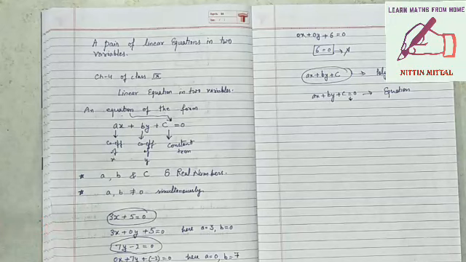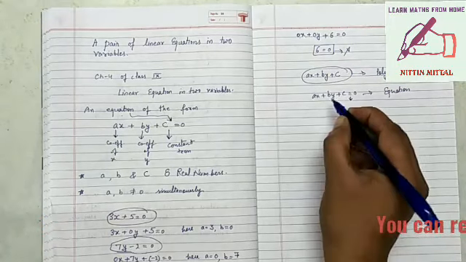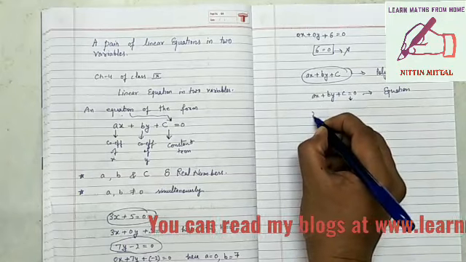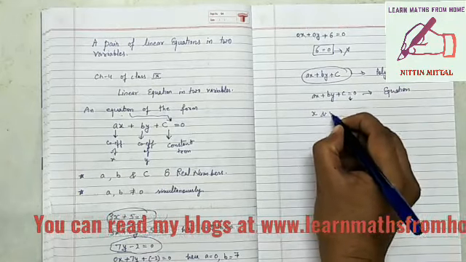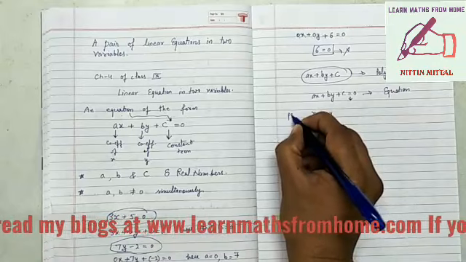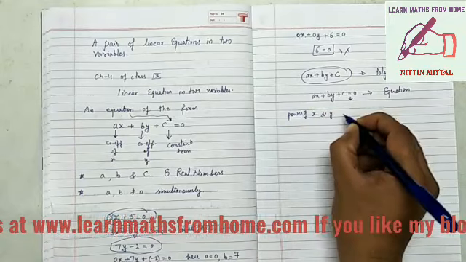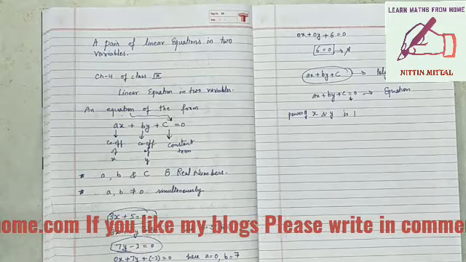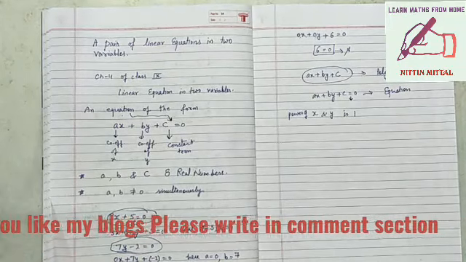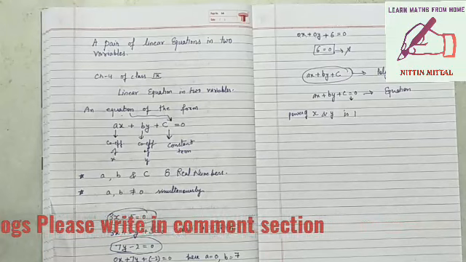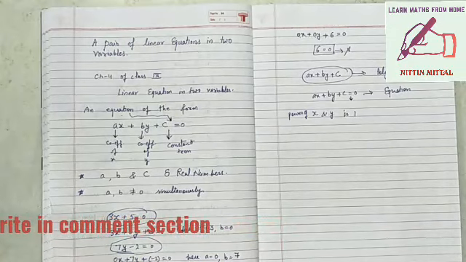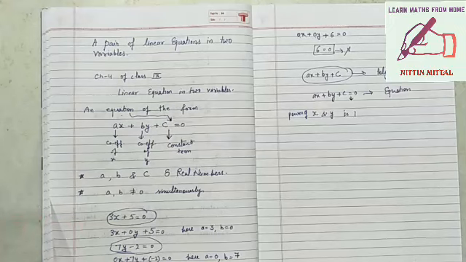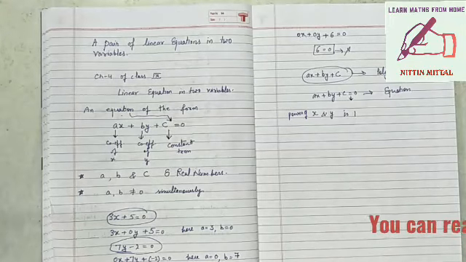Right? Now can you tell me what is the power of x and y in this equation? So power of x and y is 1. So the polynomial involved in this equation, the degree of polynomial is 1, and we know the polynomial with degree 1 are known as linear polynomial, right?